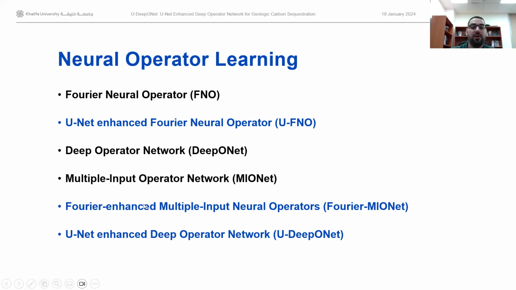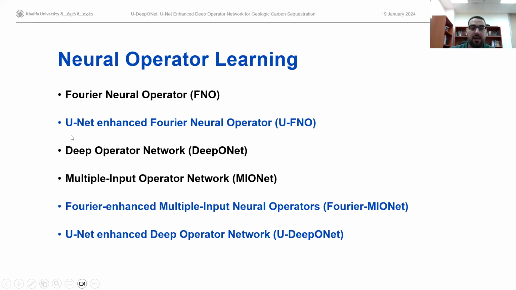And then the Fourier enhanced multiple input neural operator, which is a unique architecture that combines both the MIONet and the Fourier neural operator. And finally, we will reach the U-Net enhanced operator network, which we termed the U-DeepONet and introduced for the first time in this talk.